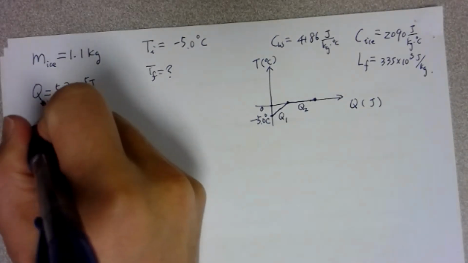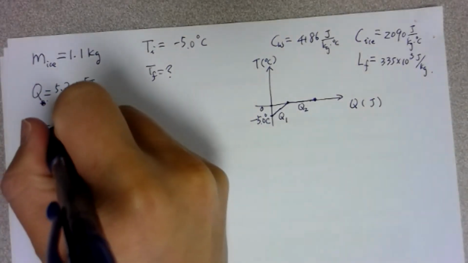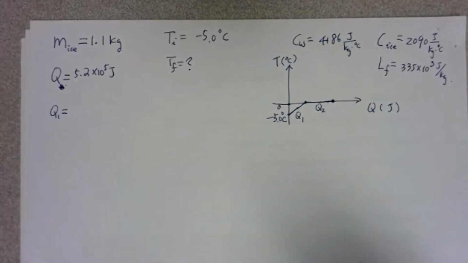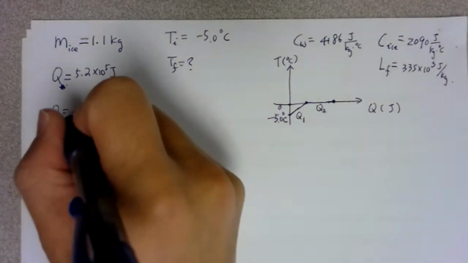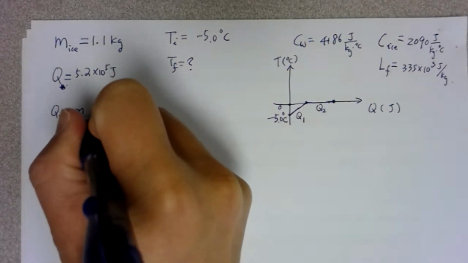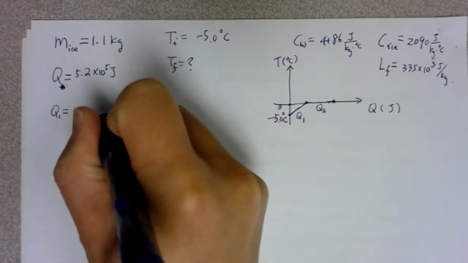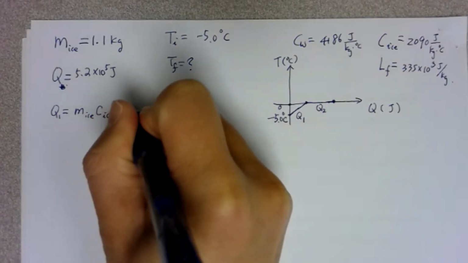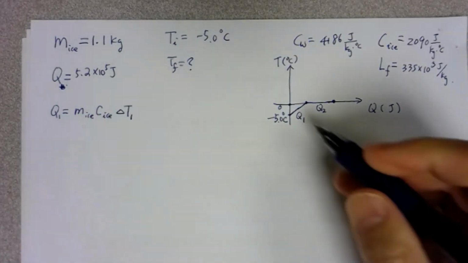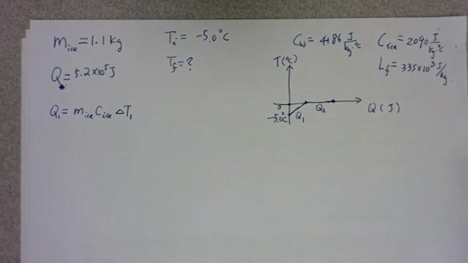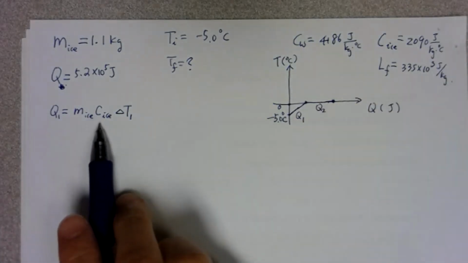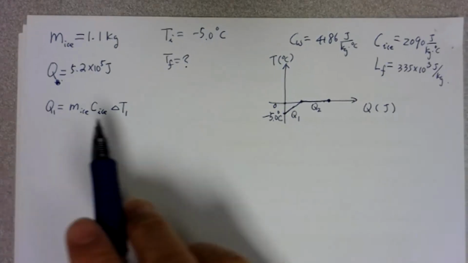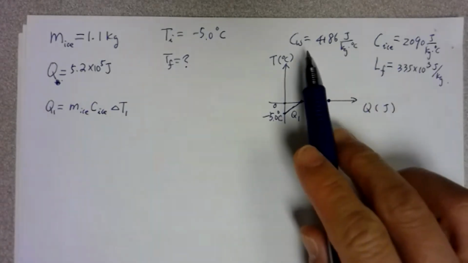For Q1, because this is the solid and its temperature increases from -5 to 0 degrees, we are going to calculate using M of ice, C of ice, and delta T. Let's call this T1 because there are multiple processes. Remember to use the correct specific heat capacity. In this case, you still have ice, so use the ice's heat capacity, not the water's.